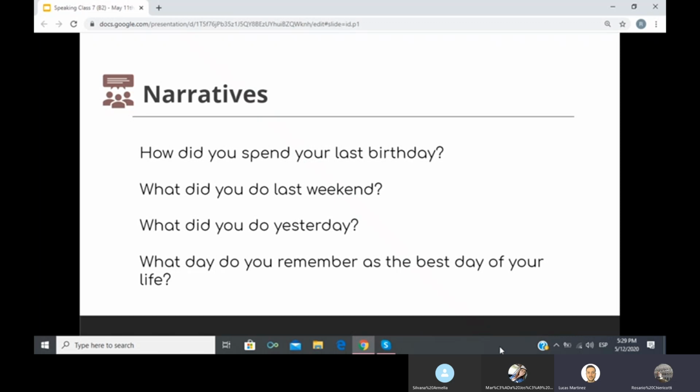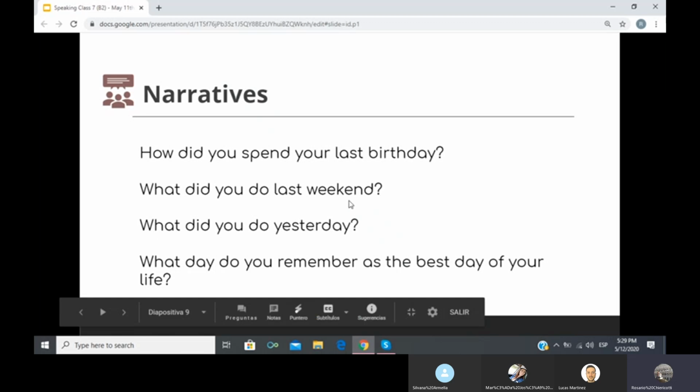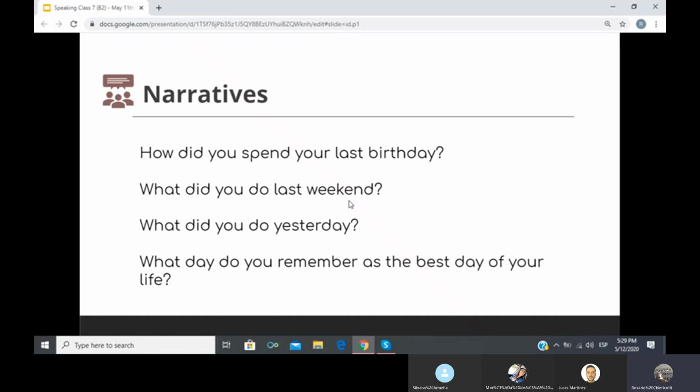Okay, let's go to: what did you do last weekend? Who can tell about this? Who can speak about this? Maybe I can. We were here in Austin neighborhood.